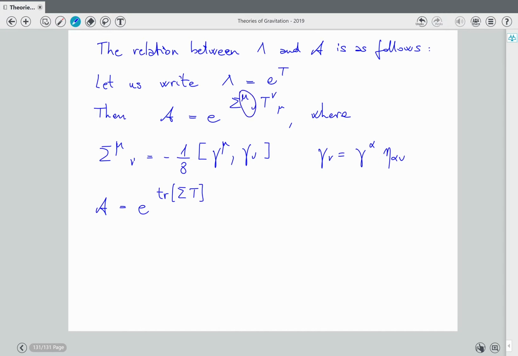But sigma has many sigmas, so there are sigma mu nu, but for every mu and nu, sigma is a matrix in the indices of the gamma matrices.